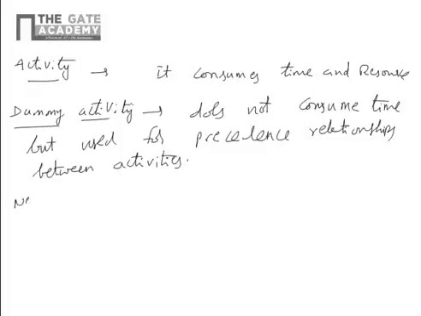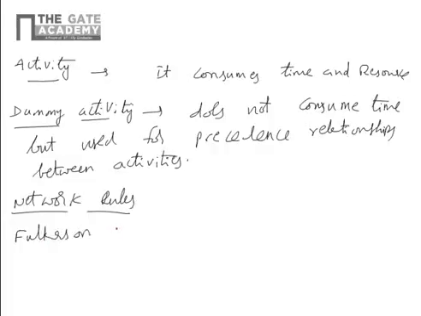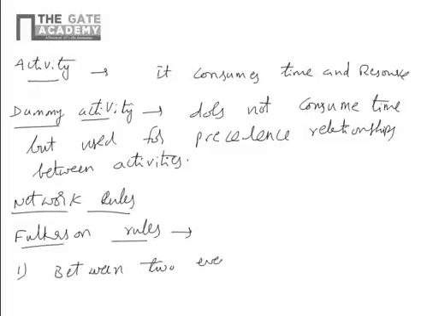Network rules. Scientist Fulkerson has given a few rules on network building. First rule: between two events, one and only one activity can be shown.